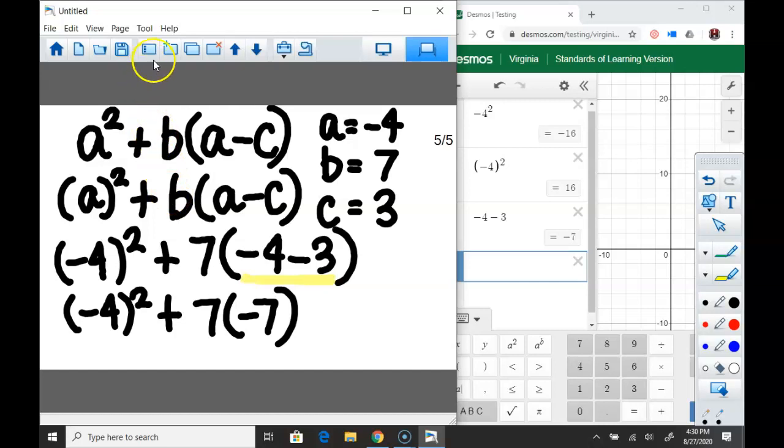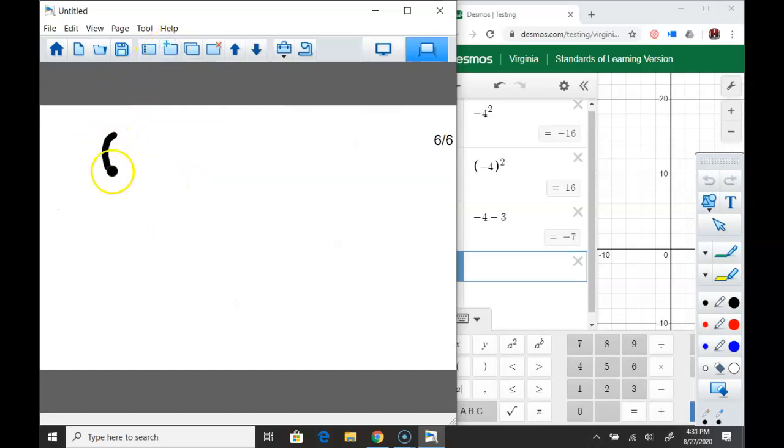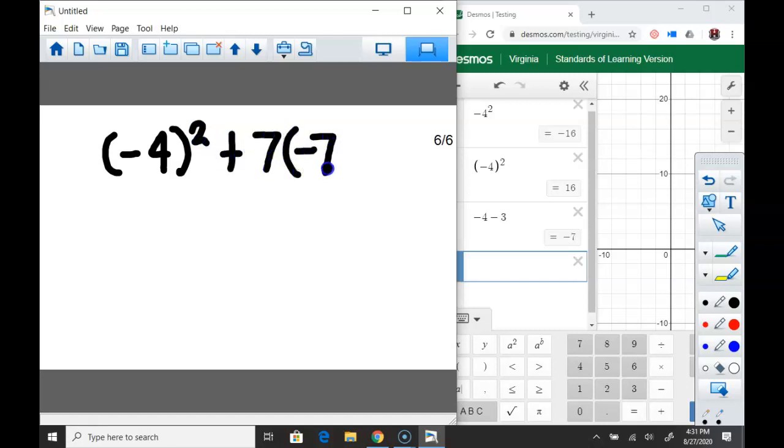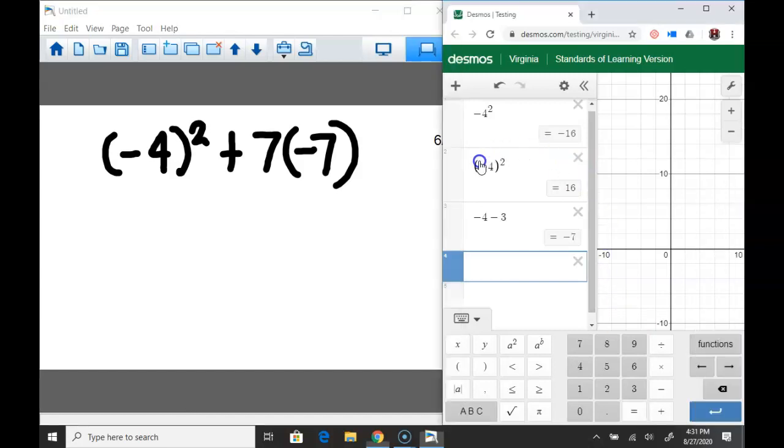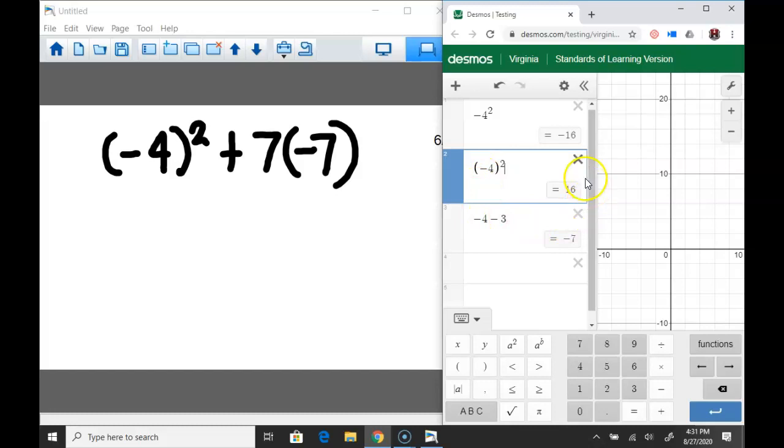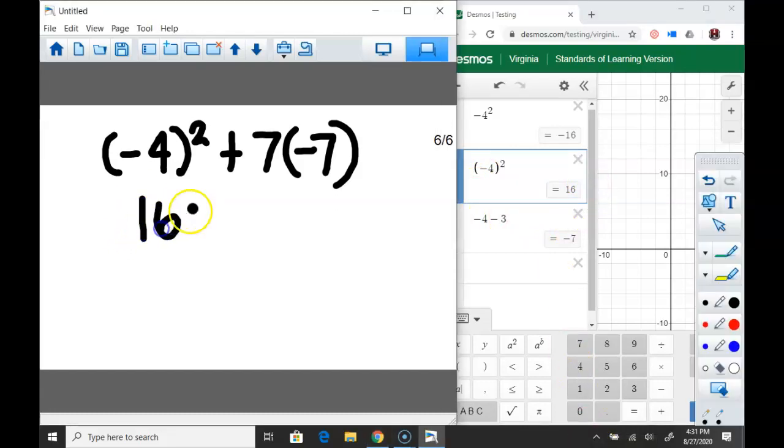I'm about out of room here, so I'm going to come over here and copy that down again, and let's keep going from there. So we have negative 4 squared plus 7 times a negative 7. Now, next up, we would do exponents. So we want to do negative 4 squared, which is right here. We've already done that. That's a positive 16 plus 7 times negative 7.